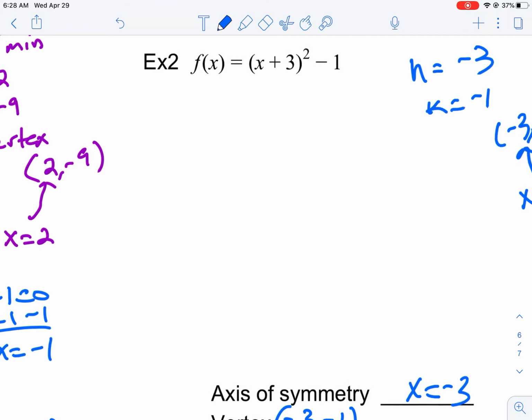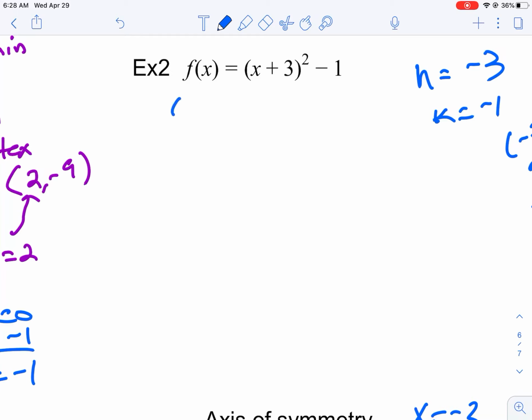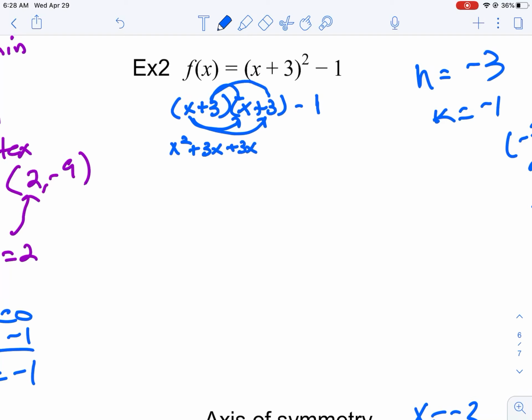Let's multiply it out. (x plus 3) times (x plus 3) minus 1. So this becomes x squared plus 3x plus 3x plus 9 minus 1.